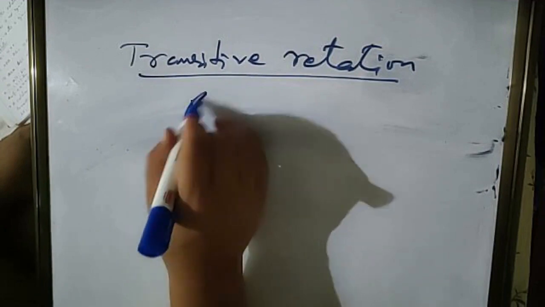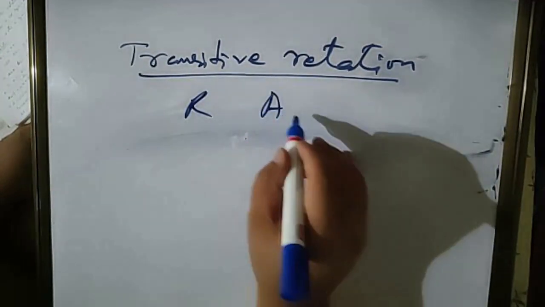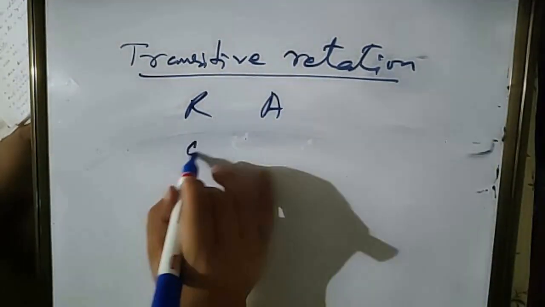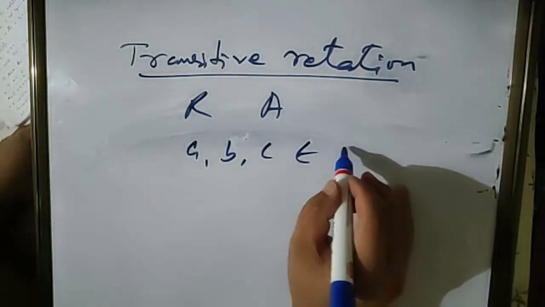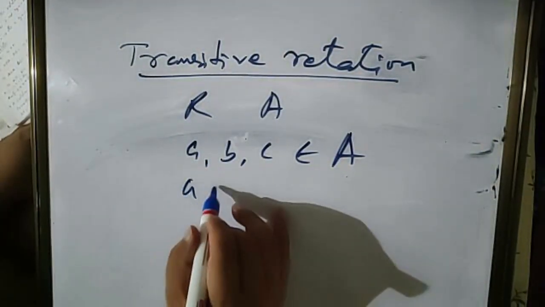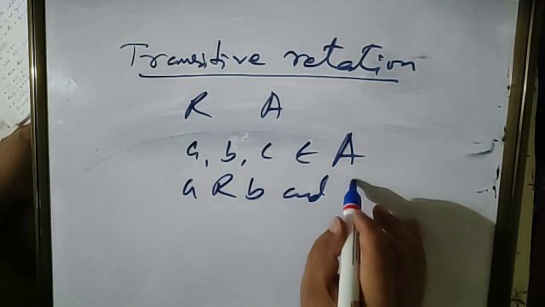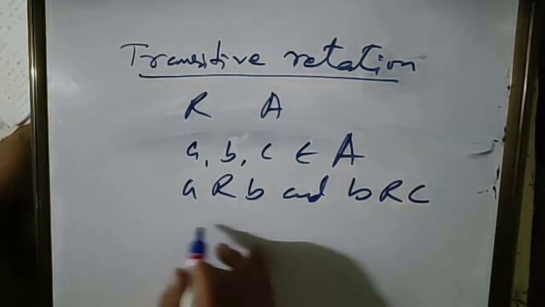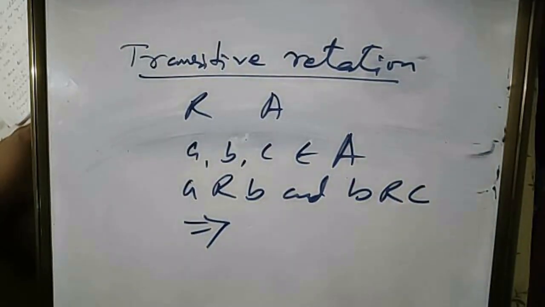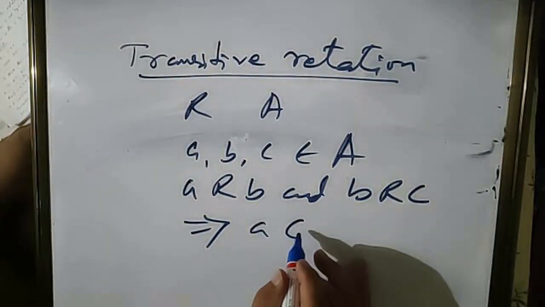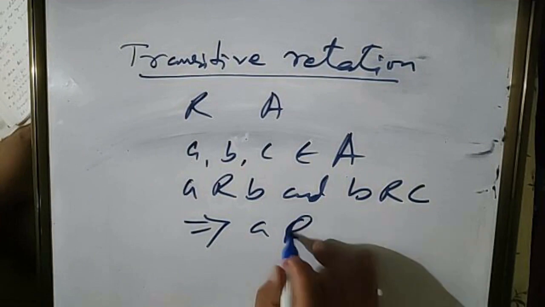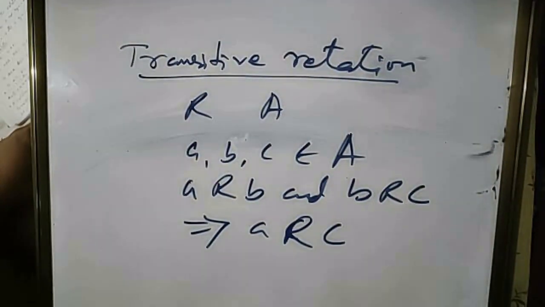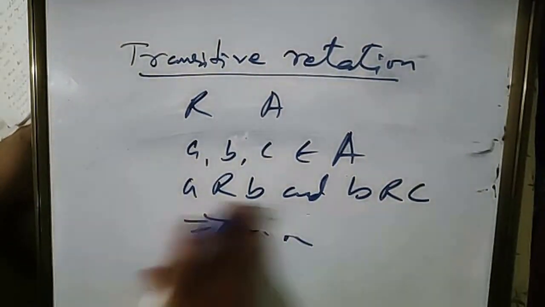Now, transitive relation. What is a transitive relation? A relation R on a set A is said to be transitive if for all A, B, C belonging to A, A is related to B and B is related to C implies that A is directly related to C. It will be like this.